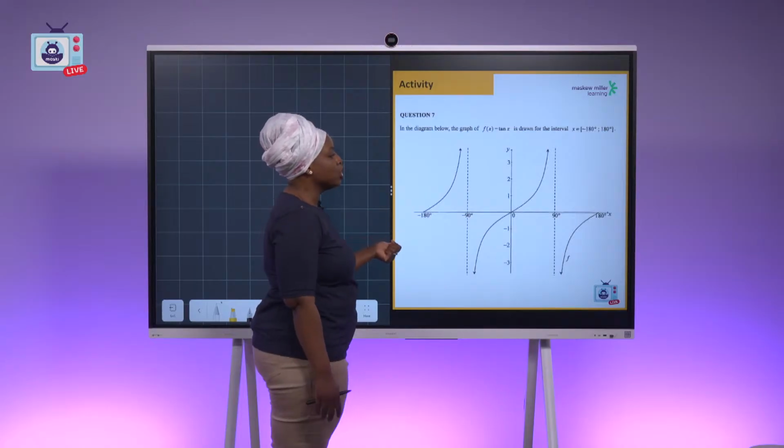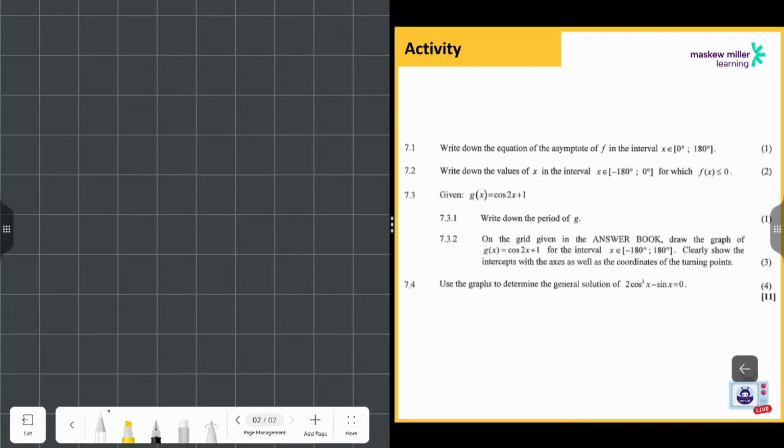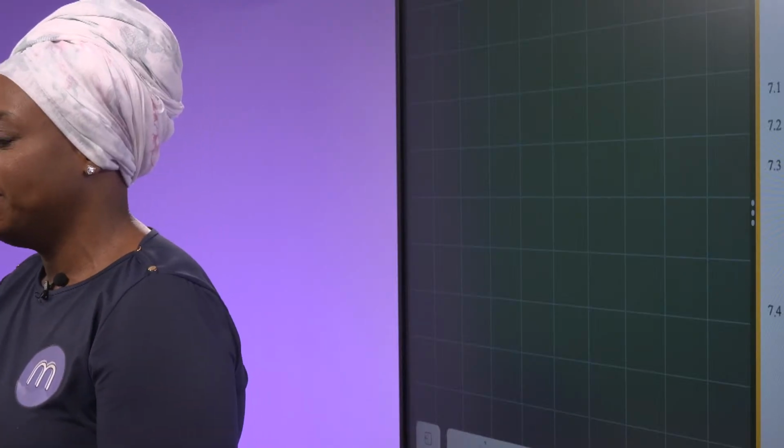We have our question 7 from the final examination 2024 grade 12 question paper. Just take this, and then after that take this one, and then we'll come back and work with it together. I'm going to give you just a few minutes to capture that, and then we can run with it. See you right back.